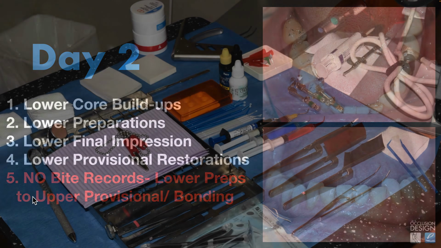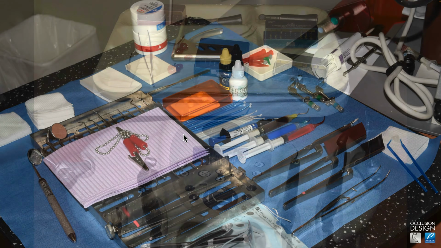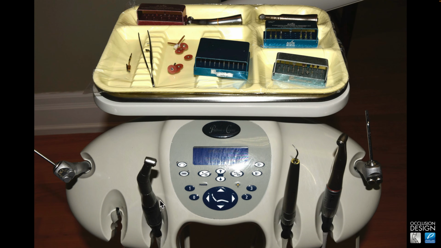And then you can see my setup for a multi-day prep like this, day 2 setup, core paste, all the things that we need. And then on my unit, I've got my slow speed, I've got my sonic scaler, and I have my electric high speed. And then a variety of different burr blocks.